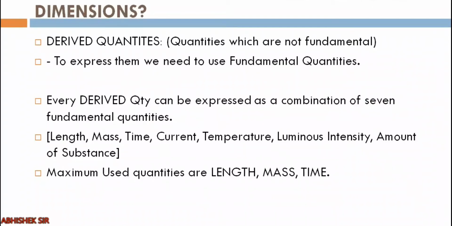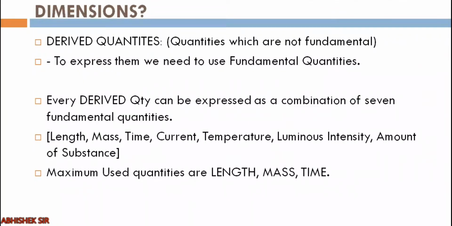So now, before we start, let us recall one specific type of quantities. They were derived quantities, right? In total, we have seen two types of quantities. One was fundamental quantities, and another was derived quantities. Fundamentals were the basic seven quantities, right?